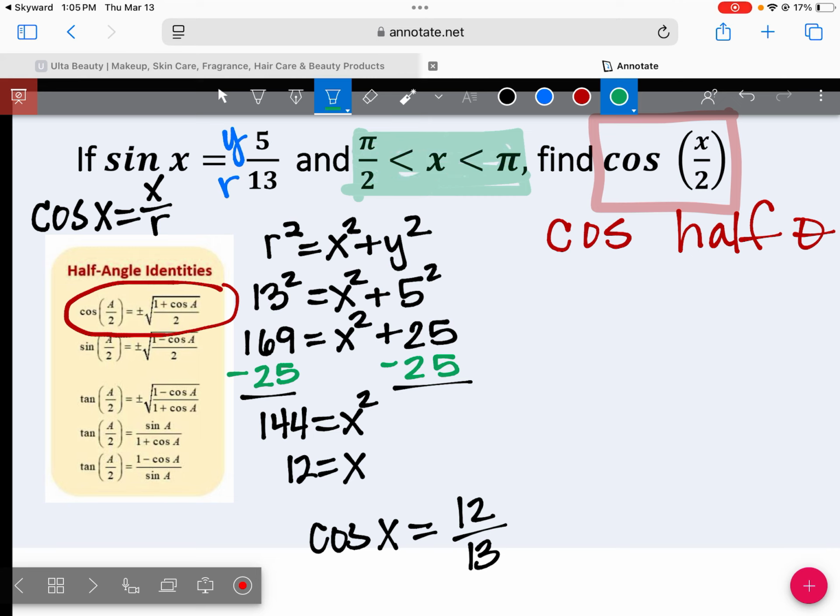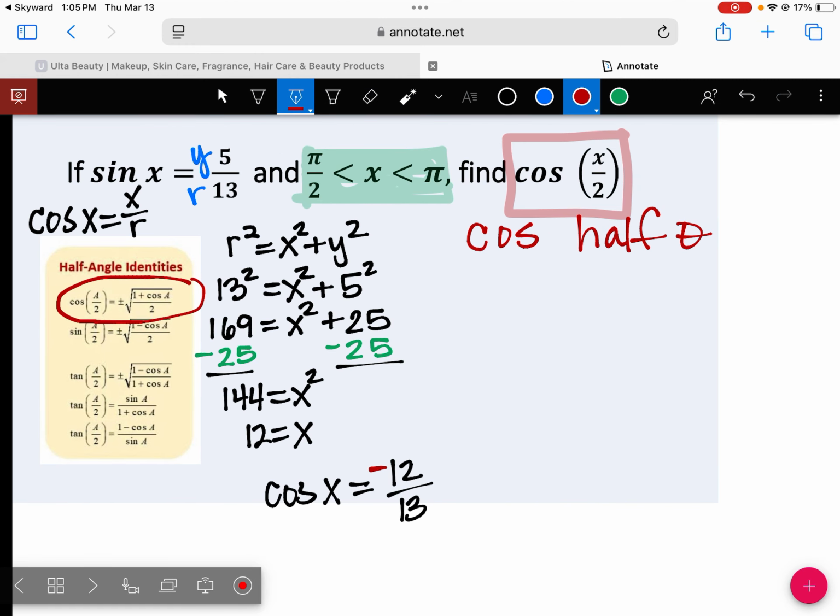So show me with your fingers what quadrant goes from pi over 2 to pi. In quadrant 2, and this is what's really important, is cosine positive or negative? Negative. So you have to include that minus. The cosine would be negative 12 over 13.